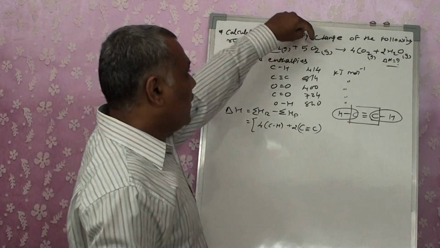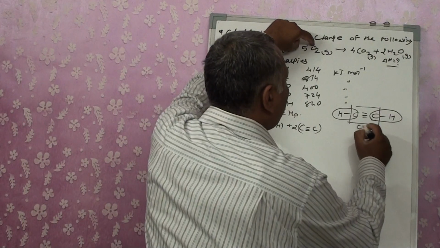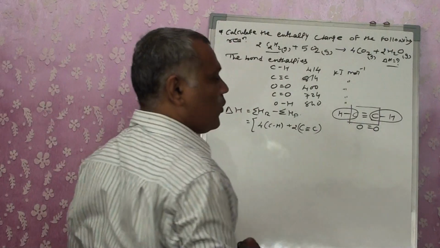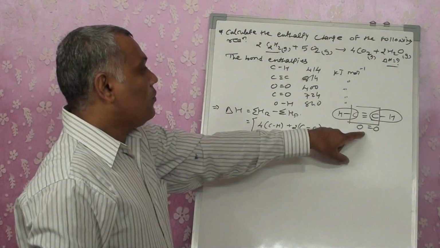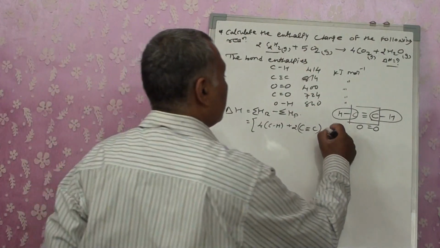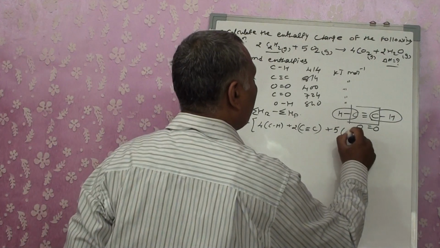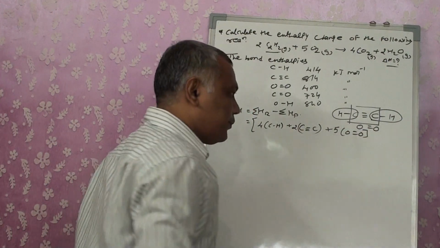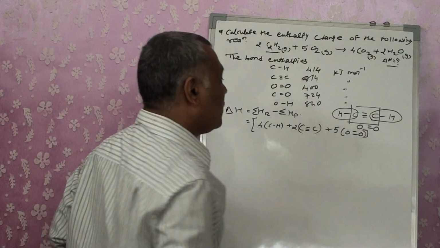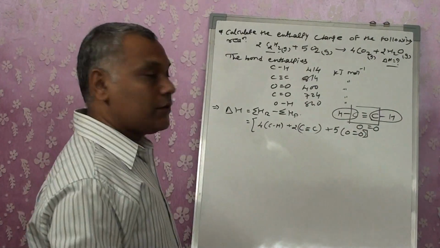Again, 5 O2. O2 means an O double bond O, and there is 1 into 5, so we have 5 O double bond O structures. These are all for the reactants.